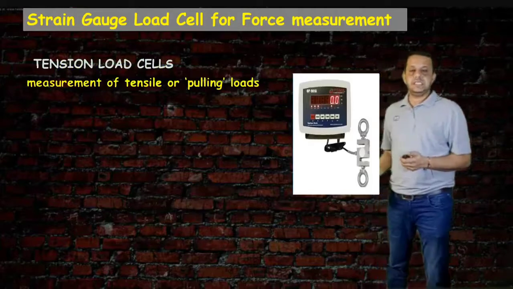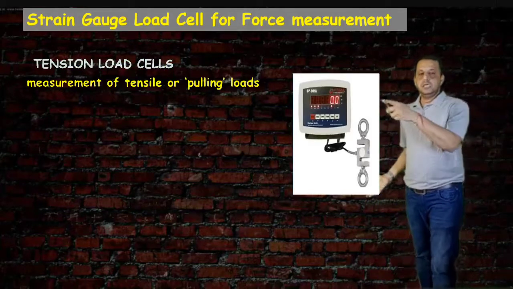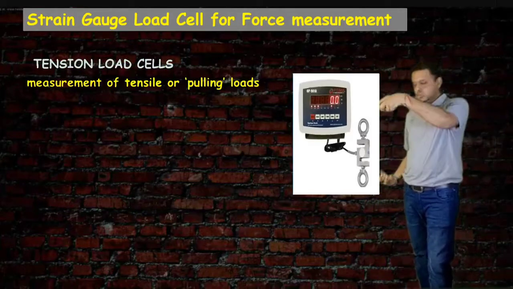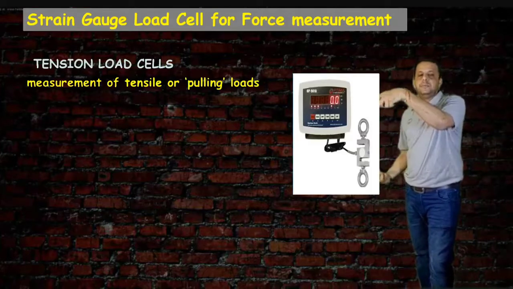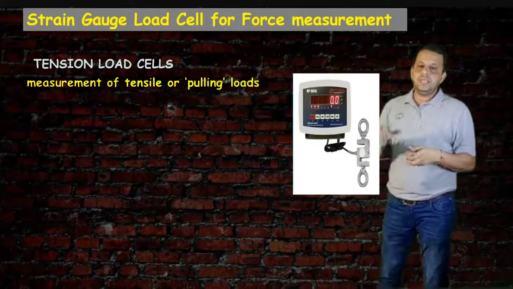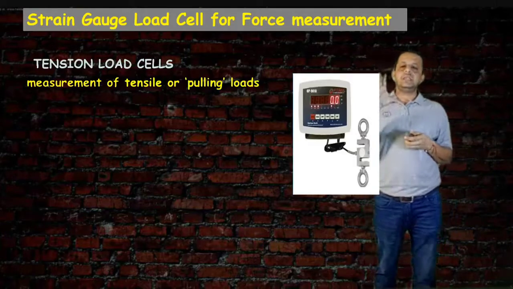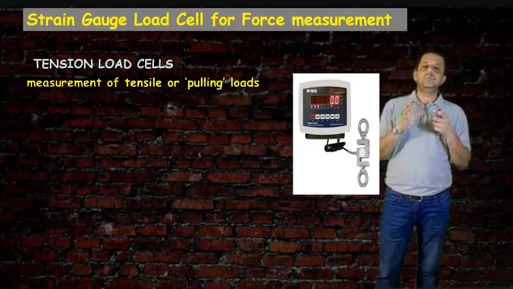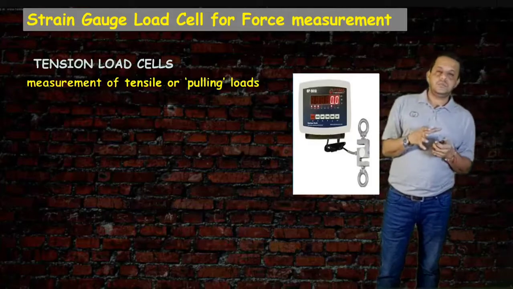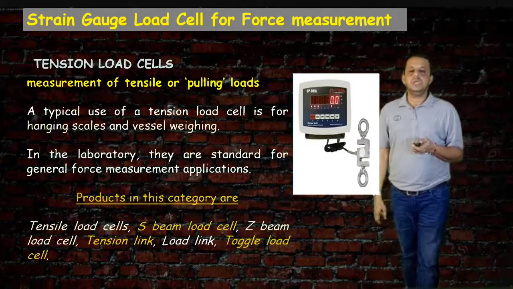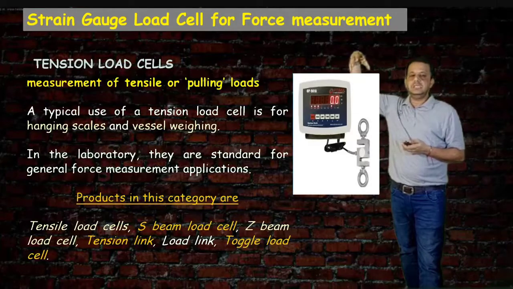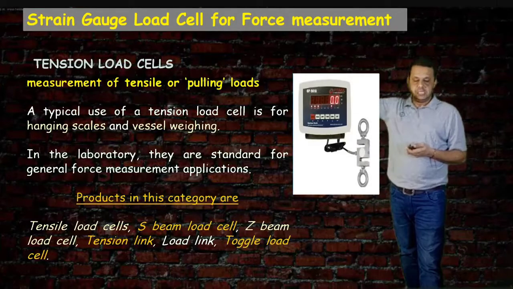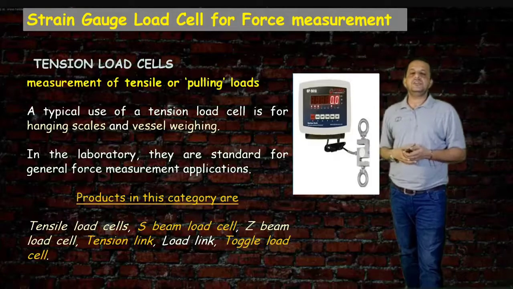Next is tensile. You can see here the two metal ends that you can hook up with material, where tensile load cells are meant to measure pulling loads. Typically they are used for hanging scales and again vessel weighing by a hanging structure.